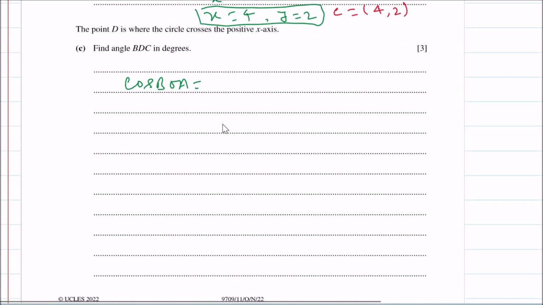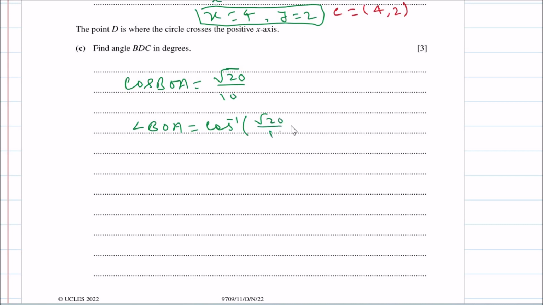Cos BOA, that angle theta, can be given by this equal to root 20 by 10. So angle BOA equal to cos inverse root 20 by 10, that is equal to 63.4 degree.